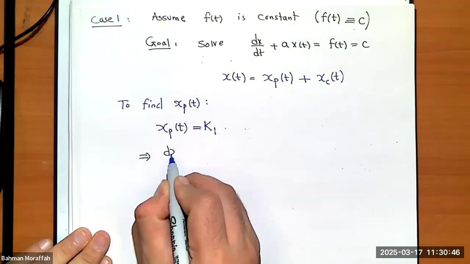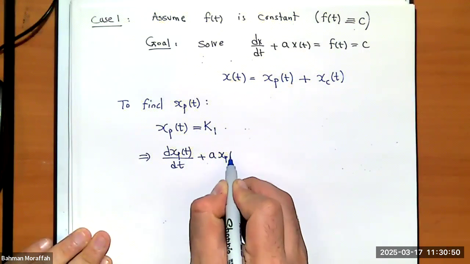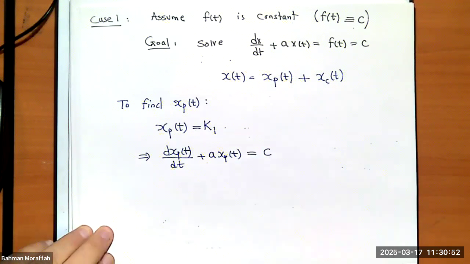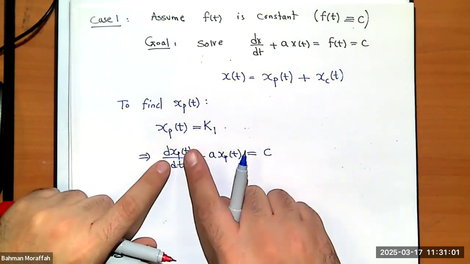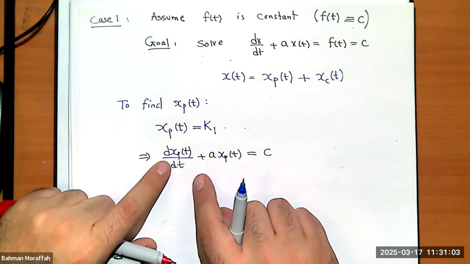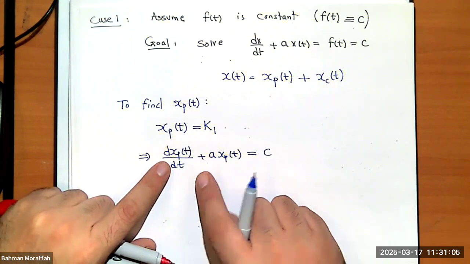So it should satisfy the differential equation, right? Therefore, I know that dx_p/dt plus a x_p(t) is the constant c. If x_p is constant k1, what is the derivative of it? It's 0, right?